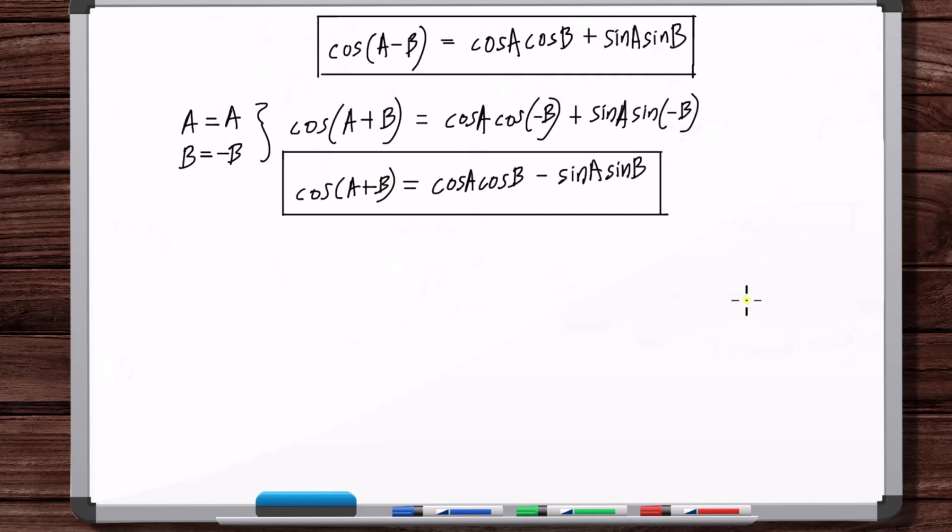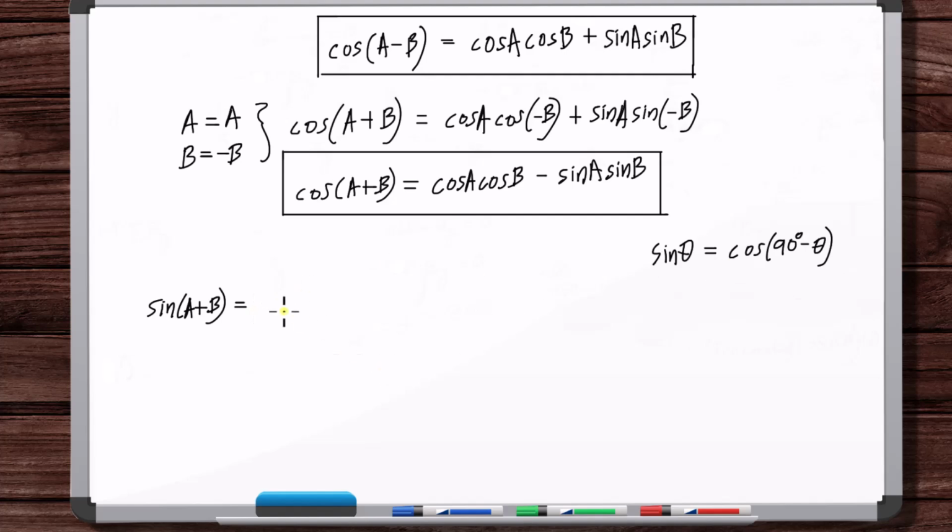So we know that sine of theta, if we write this out with its cofunction identity, the cofunction pair for sine is cosine, so sine of an angle is equal to cosine of a complementary angle.